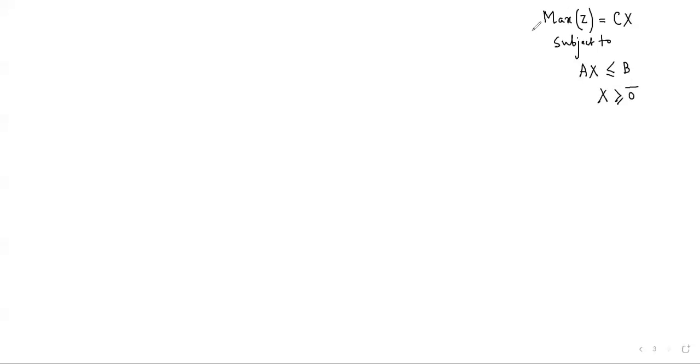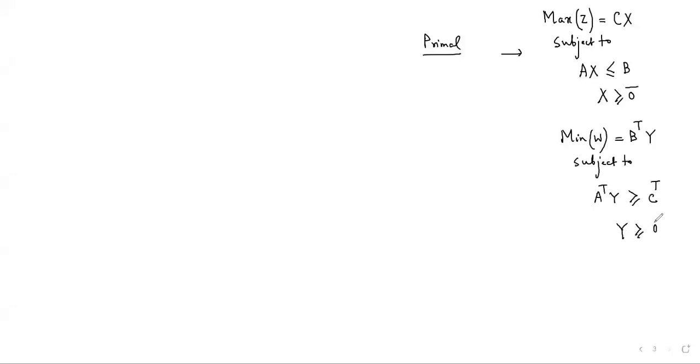Suppose this is the primal problem, then its corresponding dual problem will be min w equals b transpose y, some other vector y, subject to a transpose y, where the less than type of inequality becomes a greater than type inequality, and in place of b we write c transpose, and y greater than or equal to 0 vector. This is the formula.